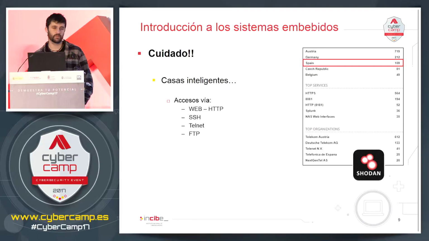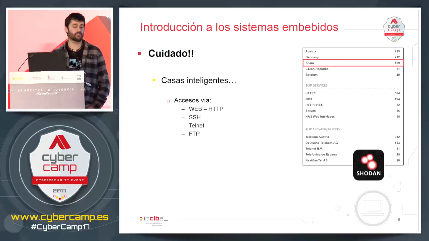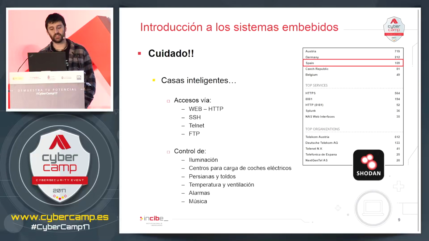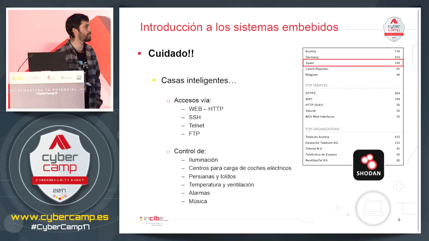And apart from this, you have SSH, depending on the communication algorithm you have, and also Telnet, which is not too good either, because it's a protocol, and FTP, which is better than others. But in any case, you can carry out different functions.